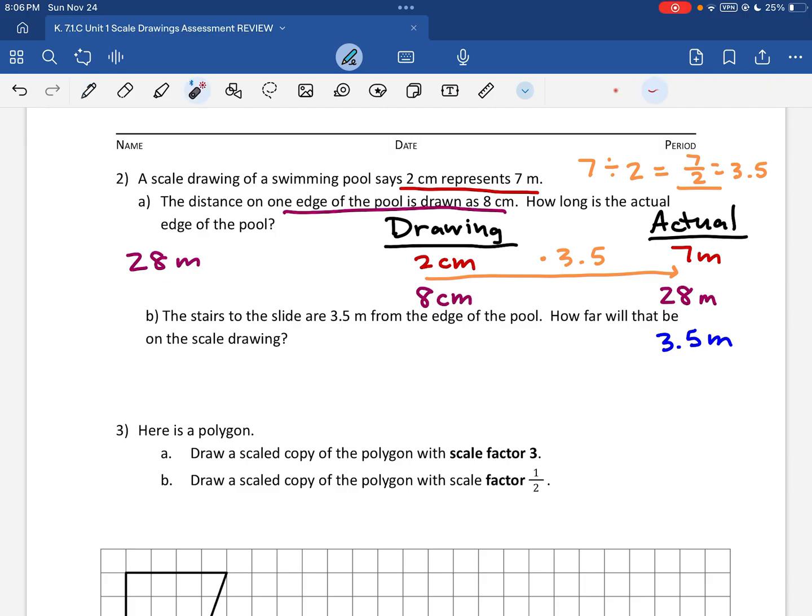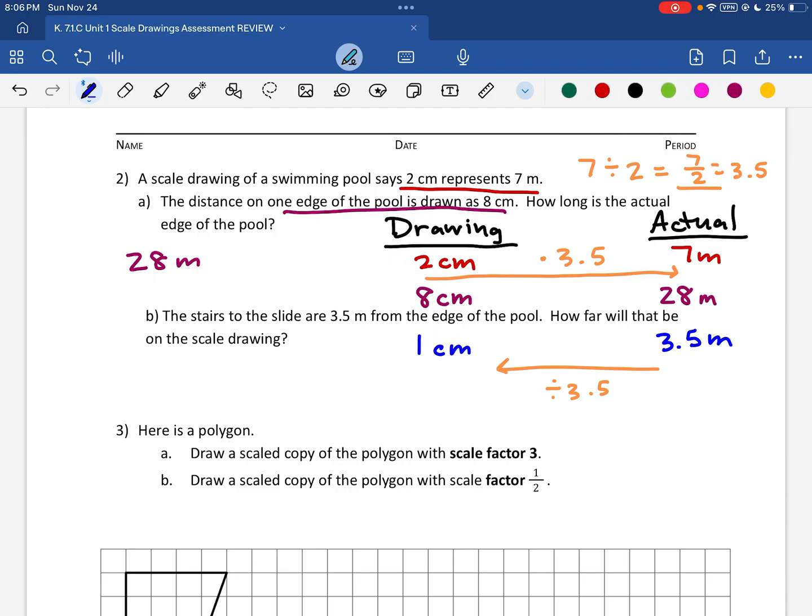And what we're asking is, how far will that be on the scale drawing? So I'm trying to figure out what's going to go over here. Remember, if I'm going forwards, I'm multiplying by 3.5. So if I'm going to be going backwards, that means I'm going to divide by 3.5. Type that into your calculator. 3.5 divided by 3.5 is equal to 1. And remember, our units of measure in the drawing are centimeters, so that will be 1 centimeter.